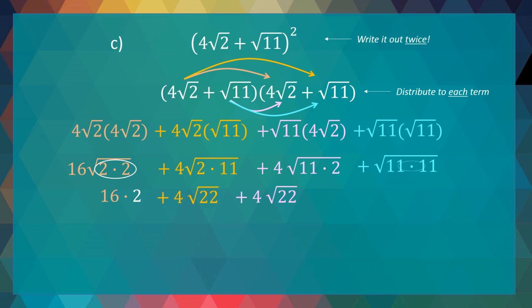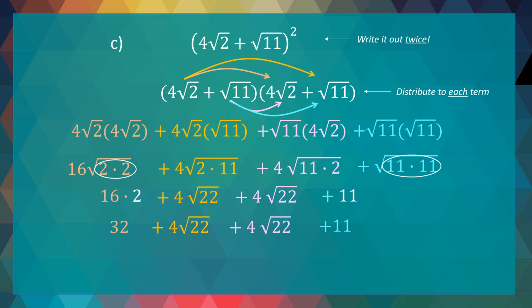The last term does have a set, so we pull that out, which gives you an 11. From here, we want to clean up any values that we can. And notice 16 times 2 is 32, but everything else remains the same. From here, we have done everything that we can to each of the individual terms.